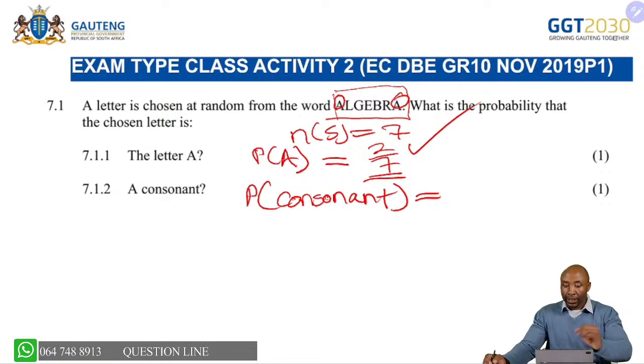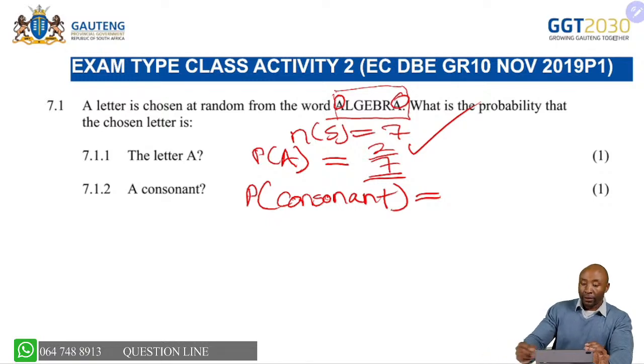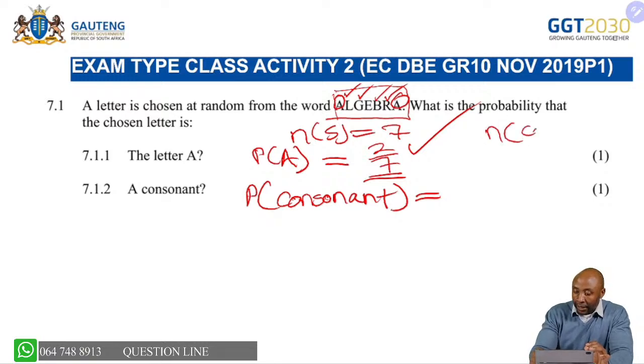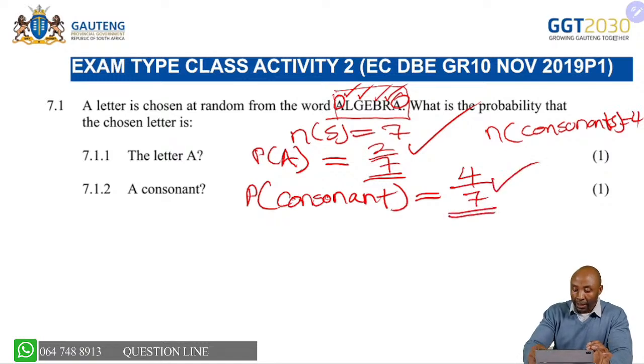So in this case, how many letters are not vowels? We have got L, G, B, and R. So there are 4. So the number of letters that are consonants, we are going to have 4. So the probability of picking a letter that is a consonant becomes 4 out of 7. So that's your answer for that one.